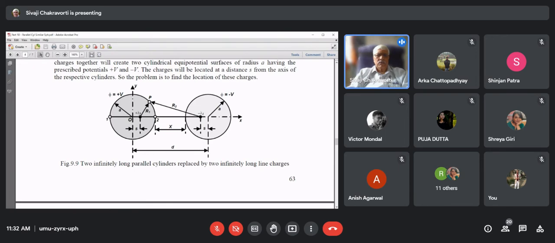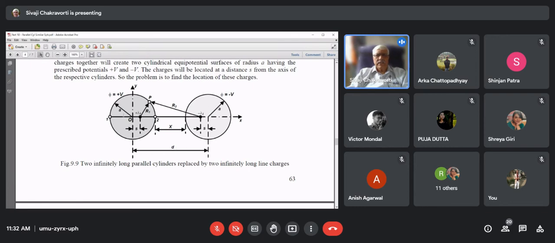So plus lambda 1 is the line charge within the positively charged cylinder with an eccentricity S. Minus lambda 1 is the charge on the negatively charged cylinder with an eccentricity S. The radius of the cylinder is A. The distance between the two axes is D.